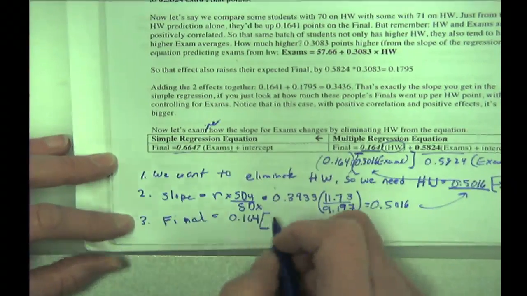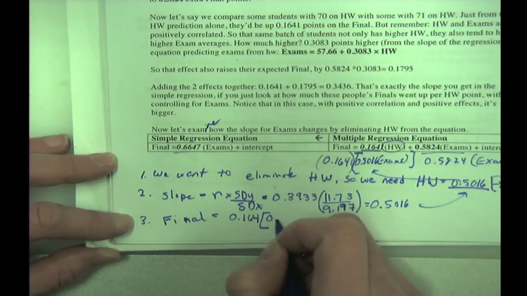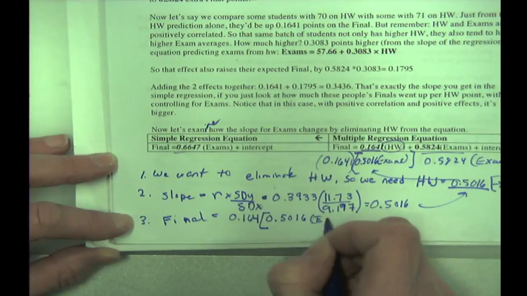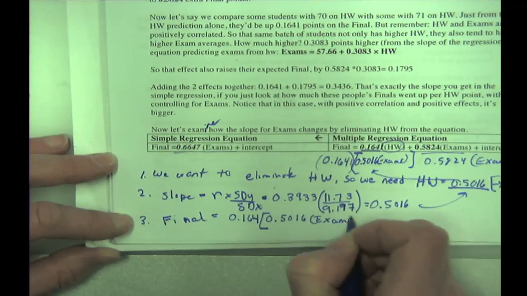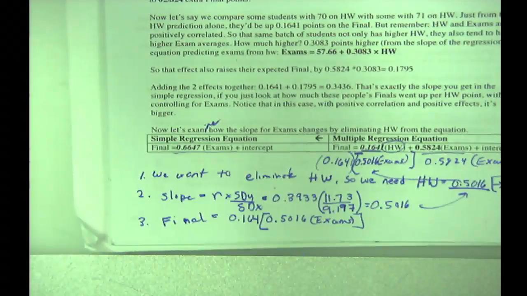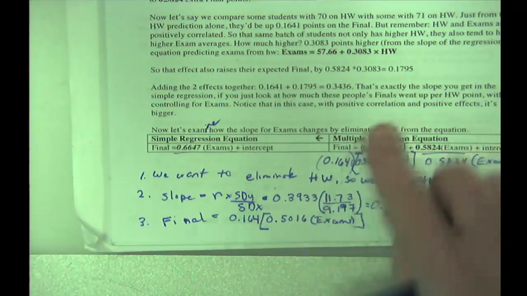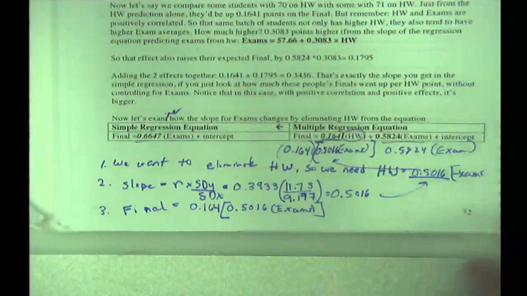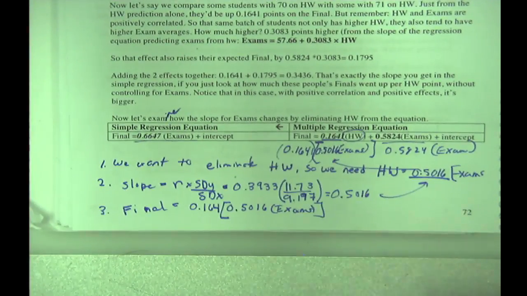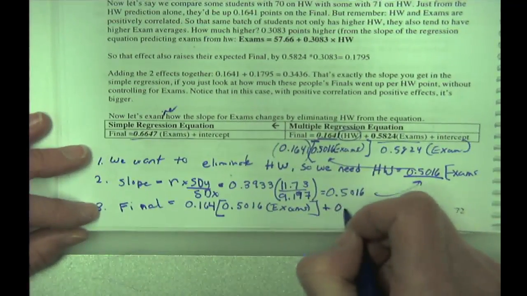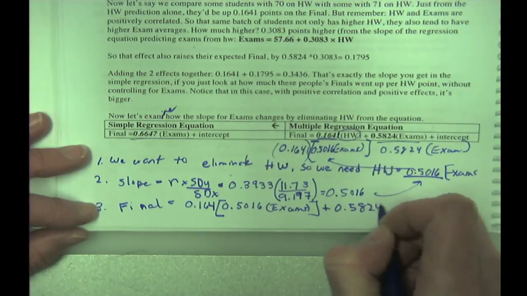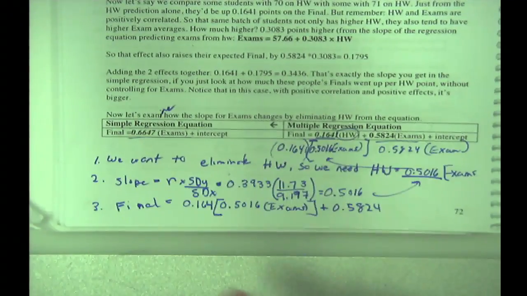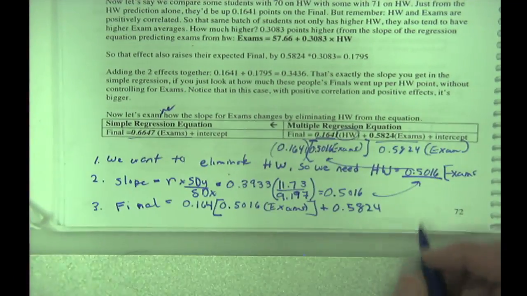But your homework is 0.5016 times exams, right? You follow so far? You got it? Plus 0.5824 times exams. I mean, all you have to do is that plus that too. I'm just writing it for later if you forget what you're doing here. Okay?